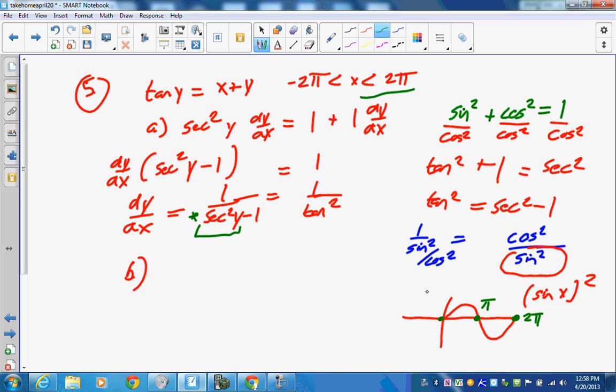It has to be less than 2 pi, not equal to 2 pi. And then it goes back around on the negative side. This occurs at negative pi, and it reaches the x-axis again at negative 2 pi. So that should help you a little bit, just to be able to word that properly.